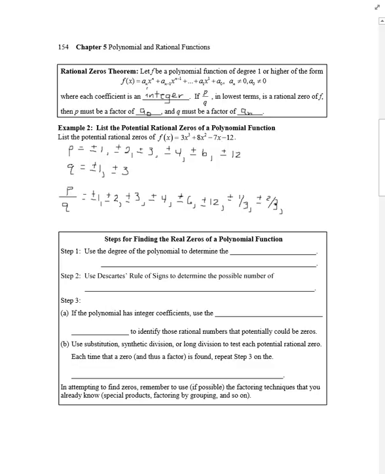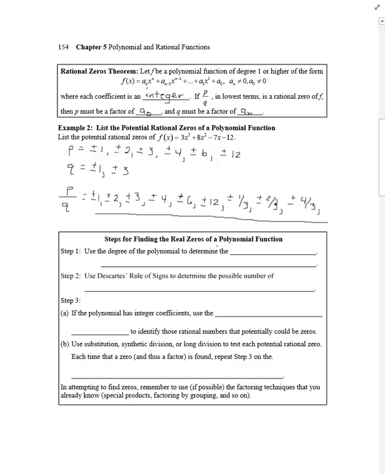Fortunately, plus or minus 3 divided by plus or minus 3 gives us plus or minus 1, so we don't have to redo that one. We also have plus or minus 4/3. Plus or minus 6 divided by plus or minus 3 gives us plus or minus 2. That's a repeat. And 12s divided by the 3's gives us plus or minus 4, so also a repeat. So the p over q here, what I'm about to underline, is all the possible numbers that could be real zeros of this equation, 3x cubed plus 8x squared minus 7x minus 12.